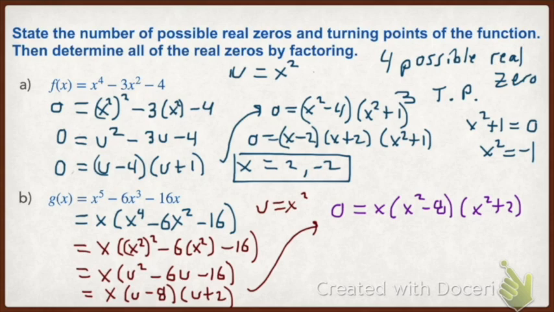We try to solve each of these. They're not factorable, so we set them equal to 0. Well, x equals 0. x squared minus 8 equals 0. Add 8 to both sides, you get x squared equals 8. You take the square root of both sides, and you get x equals plus or minus the square root of 8.